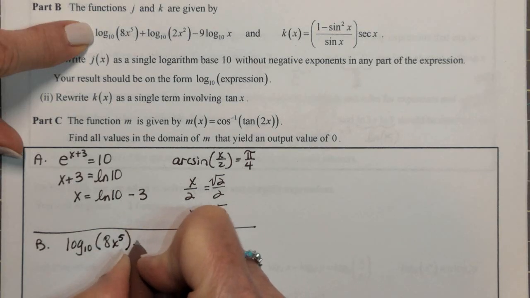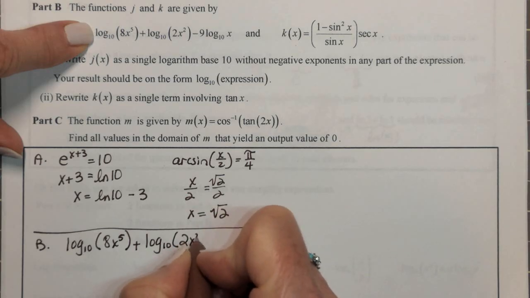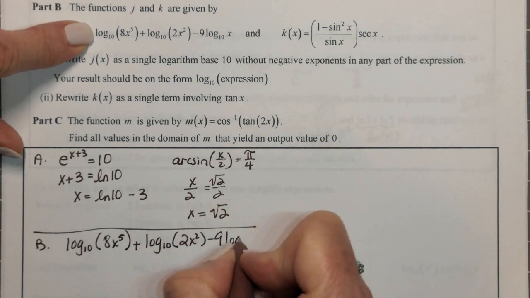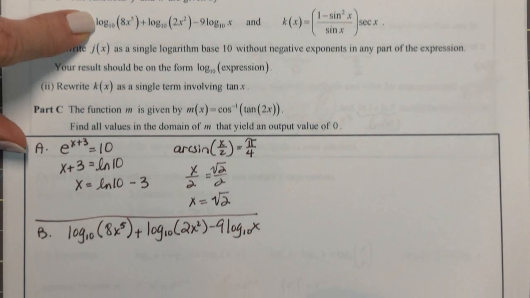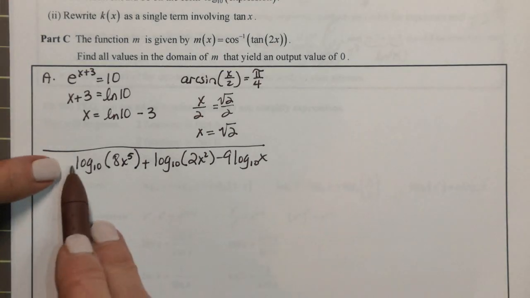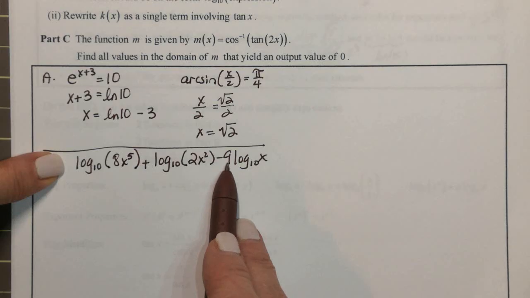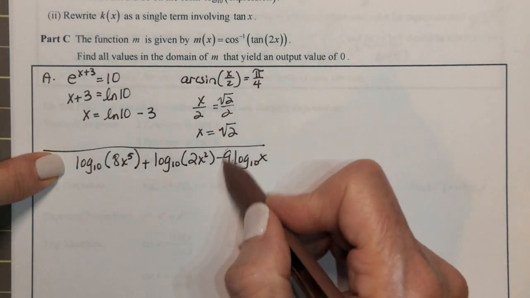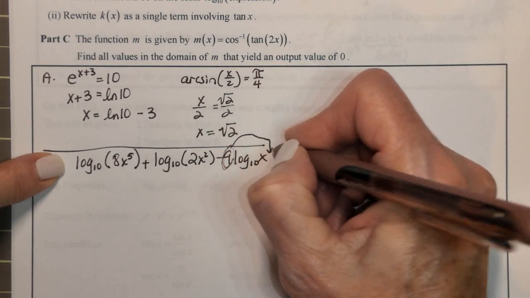This one is ready to go, this one is ready to go. This one is not ready to go because I need to move that 9, so I'm moving that 9 to the power on the x.